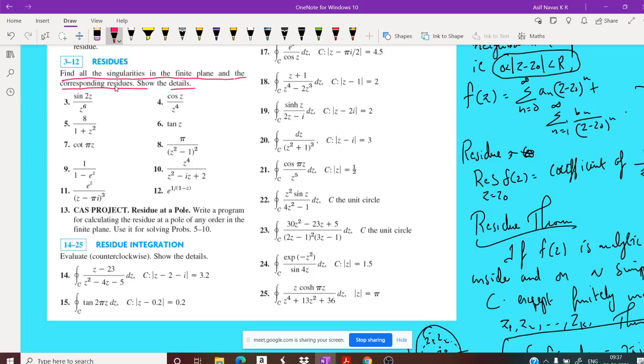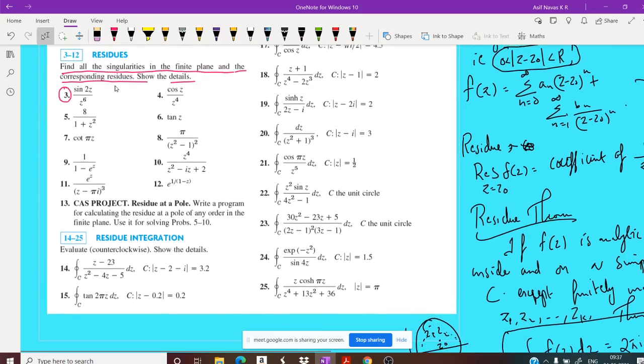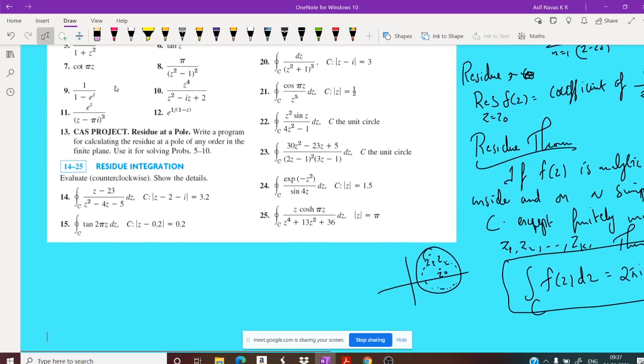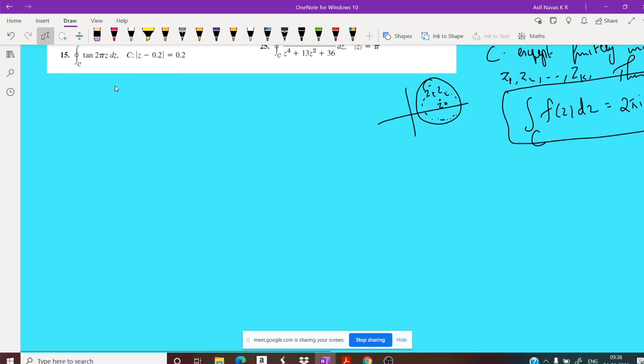Show the details. So we will discuss a few problems. First problem: we have to find the singular points and the residue at that singular point. The first question is sin 2z divided by z raised to 6.